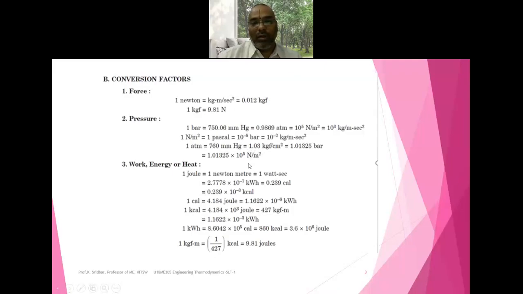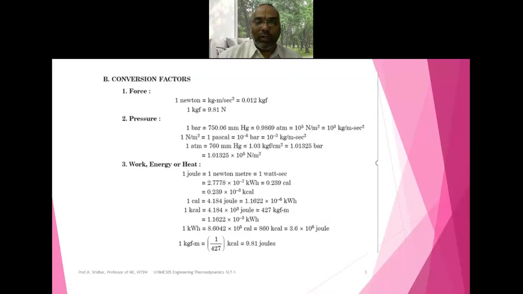Among the available thermodynamic parameters, pressure and its conversion factors are especially important while solving problems. Because normally in the data, the pressure will be given as, say, 1 bar. So how can you convert 1 bar into Newton per meter square, the SI unit? You should have a thorough idea about the conversion factors.